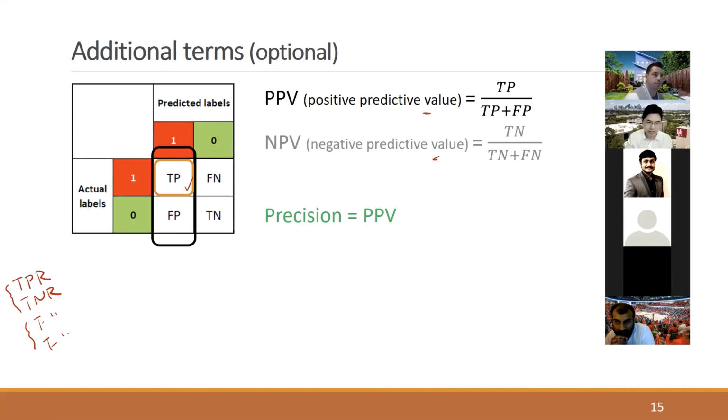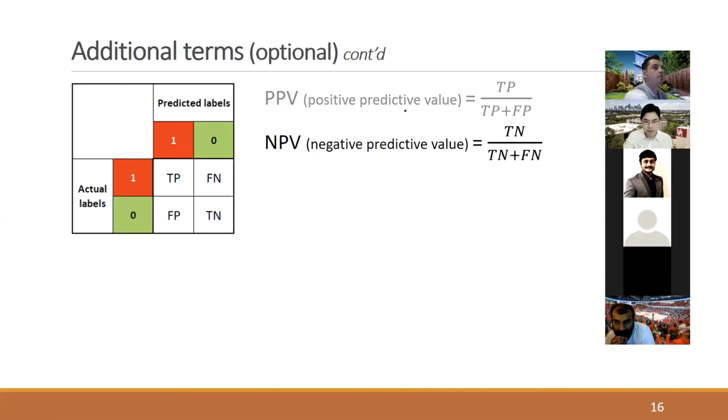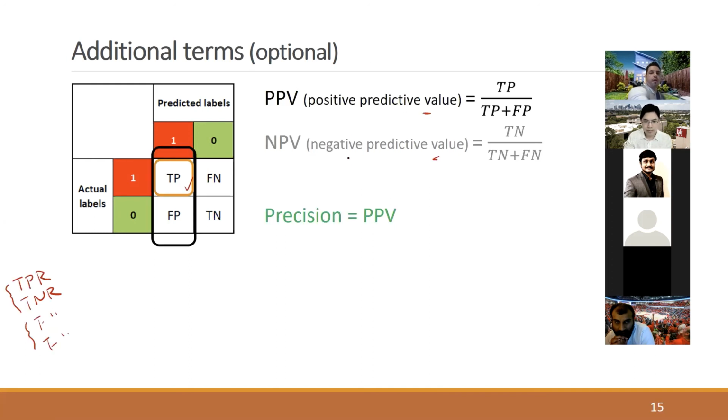We'll think about the value from this perspective in a particular case. Another nickname for PPV is precision. You may have heard about it. So when you hear precision, it's talking about the prediction point of view, the positive predicted value.